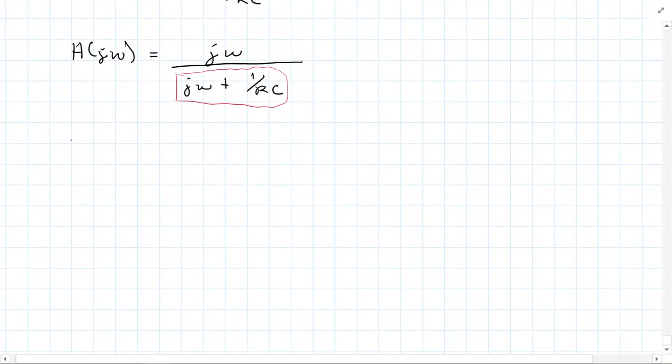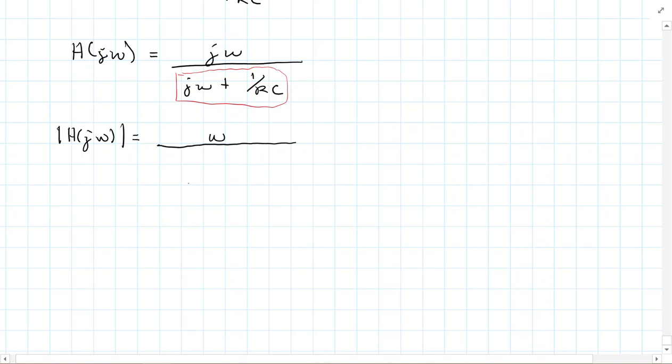So the next thing I need to look at is the magnitude of H at j omega, not magnitude of j omega. The numerator would just be omega, because there's only the imaginary part.